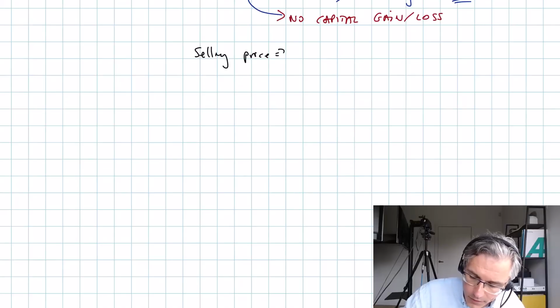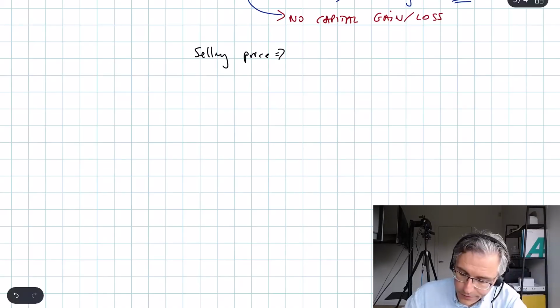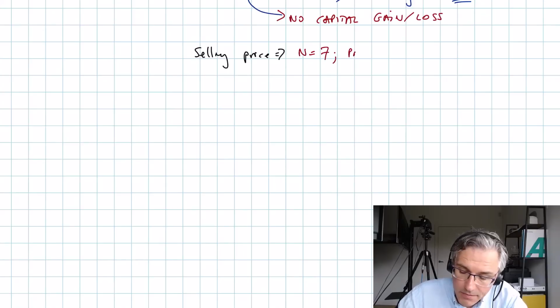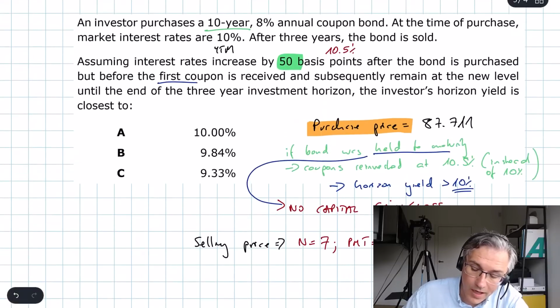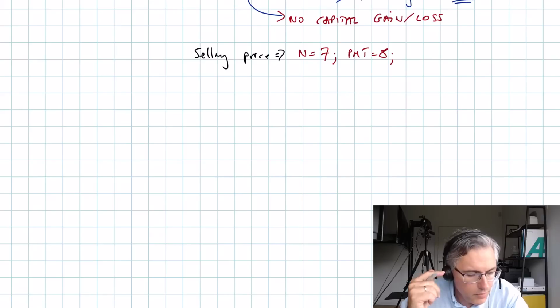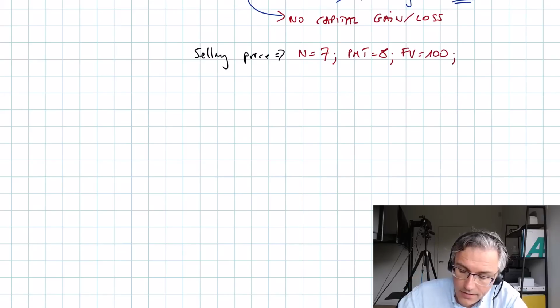Okay, using the time value of money worksheet, of course. So after 3 years, we will still have 7 years left to maturity. Our PMT here will be 8. This is the 8% annual coupon bond. We will have an FV of 100 and a modified I over Y equal to 10.5.